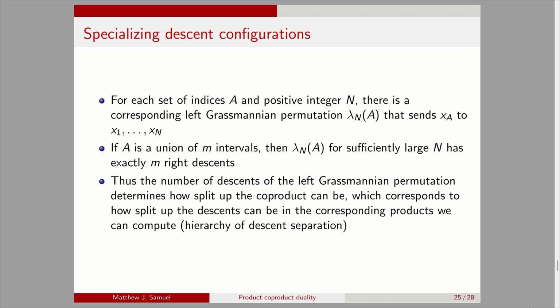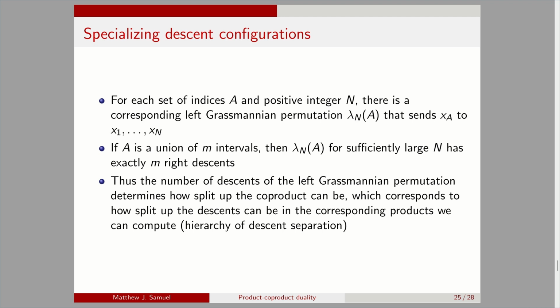So for each set of indices A and a positive integer n, there is a corresponding left Grassmannian permutation lambda_n of A that sends x sub A to x1 through xn. So if we can characterize A as a union of m intervals, then lambda_n of A for sufficiently large n has exactly m right descents.